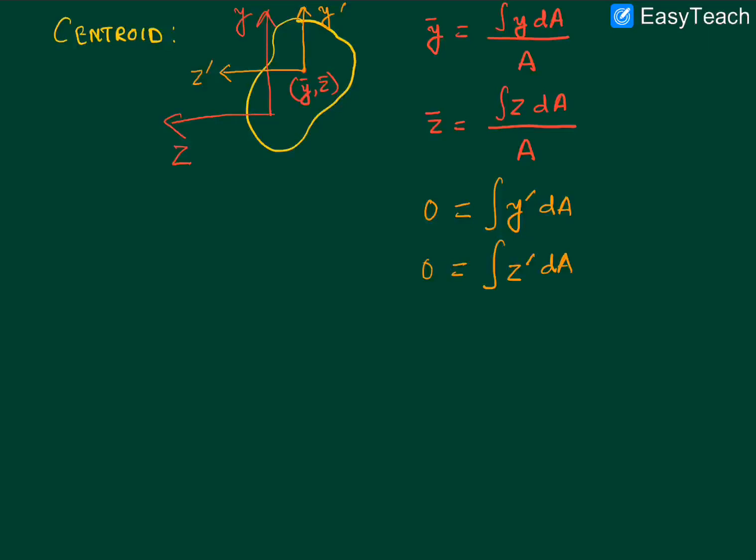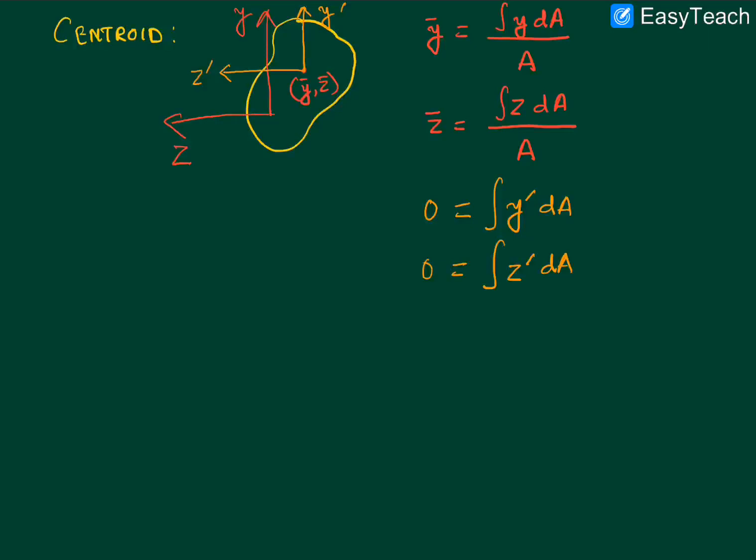So I could have written this on the left hand side as y dash bar and z dash bar, but I know that that will be nothing but the centroid itself, and since the centroid is a property which is directly connected with the geometry, it has nothing to do with the choice of the coordinate system. So the y dash bar and the z dash bar are nothing but 0 and 0. All right.